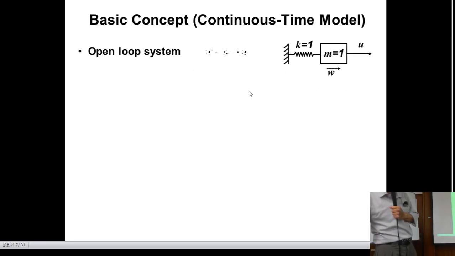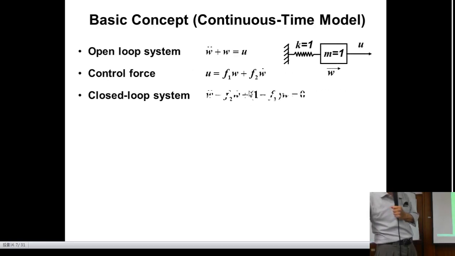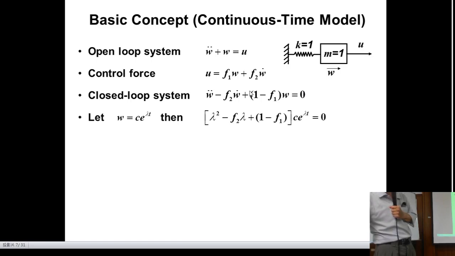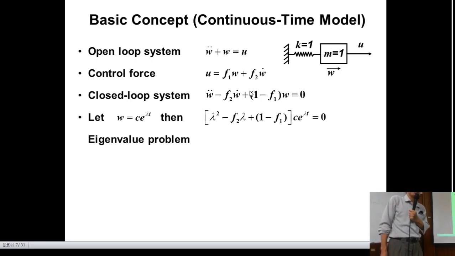I already introduced some of the basic concepts here, and here we have U equal to F1 W plus F2 W dot, where F1 is a constant and F2 is a constant. By the way, U should be F1 W hat plus F2 W dot hat, supposed to be the estimated states.